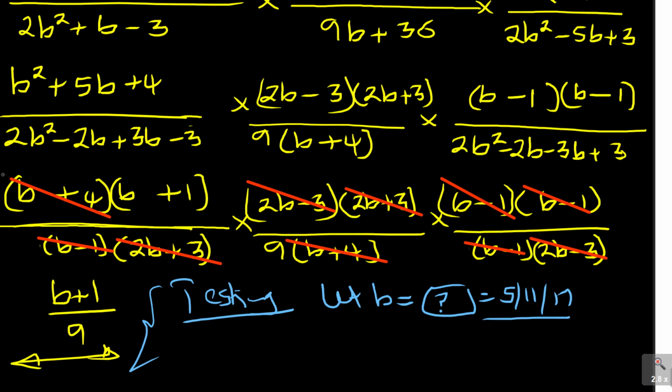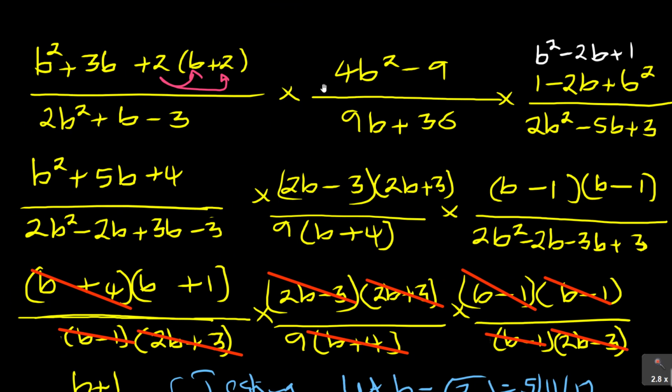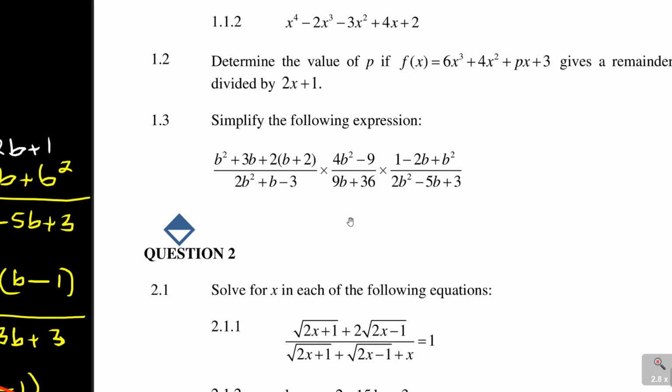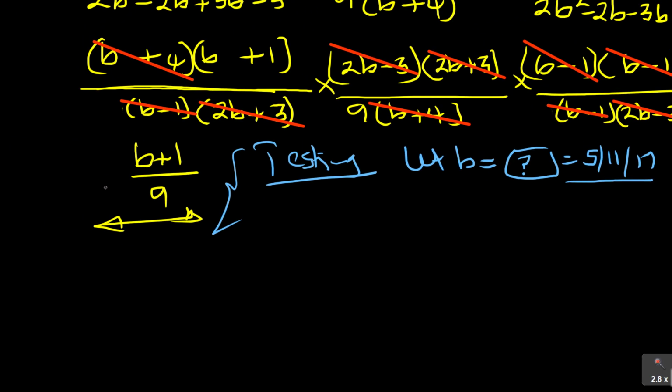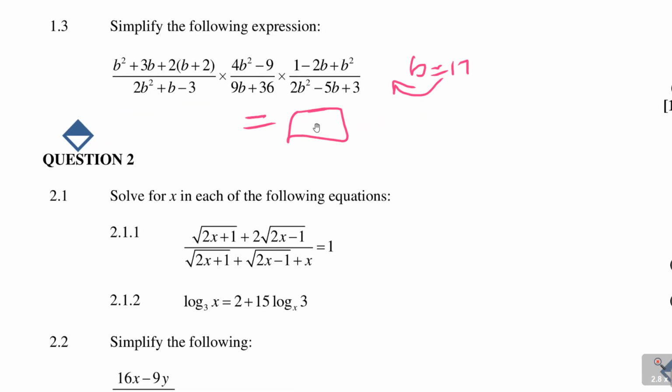You take it to the original. You get the answer. So if b is equal to 17, you put it here, so it will give you a certain answer, and then you come to the final answer also. You substitute, don't forget what b is. If the answer you get here is the answer you get here, it means you have simplified correctly.